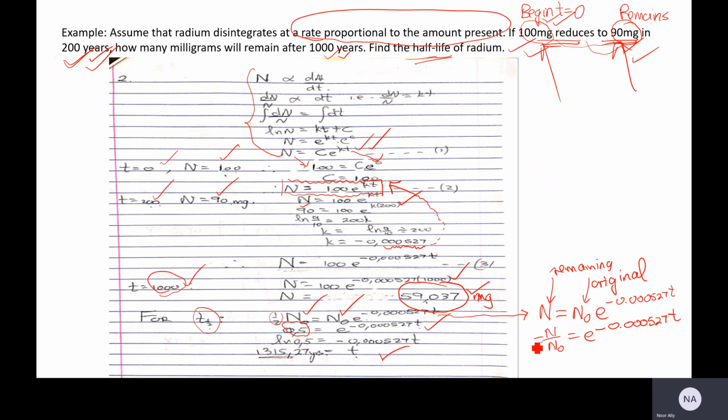And for half-life, what's this equal to? 0.5, which is what you see here. And then we can do the rest of the calculation, introduce ln, and we get the final answer, t is equal to 1,315.27 years.